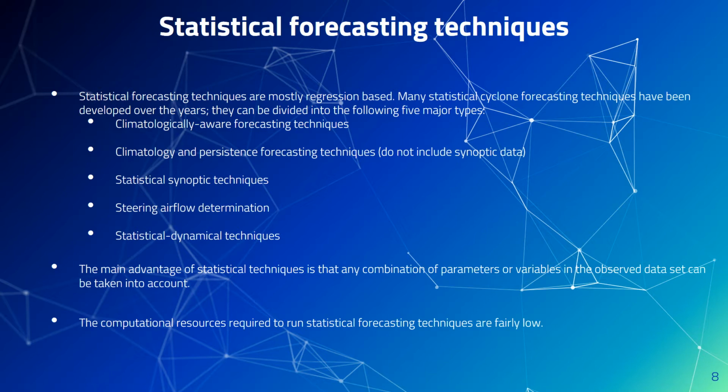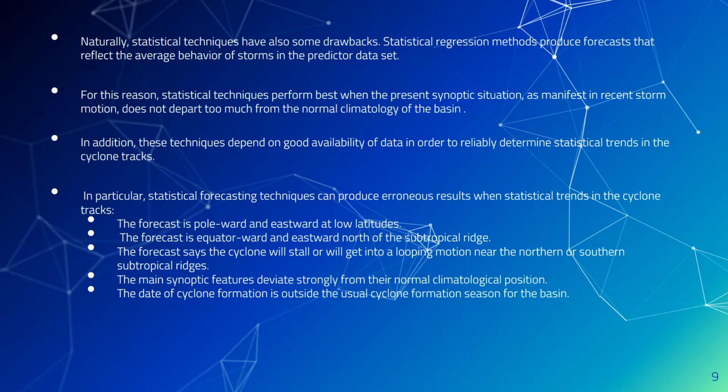The main advantage of the statistical techniques is that any combination of parameters or variables in the observed dataset can be taken into account. The computational resources required to run statistical forecasting techniques are fairly low. Naturally, statistical techniques have also some drawbacks. Statistical regression methods produce forecasts that reflect the average behavior of storms in the predicted dataset.